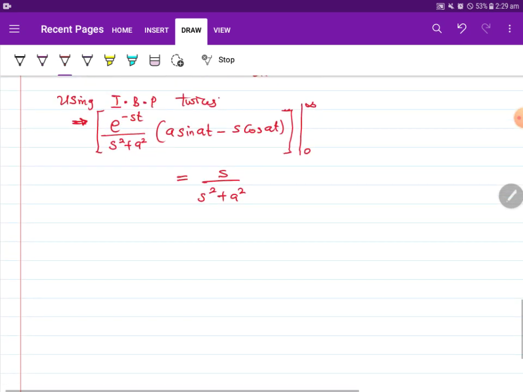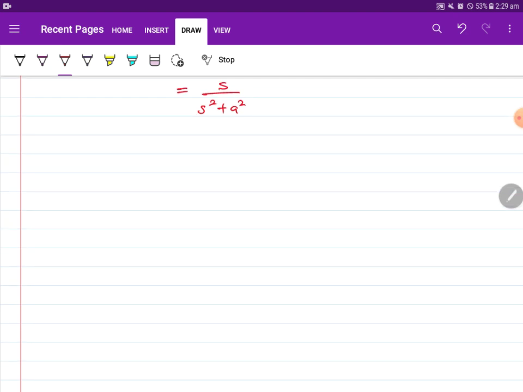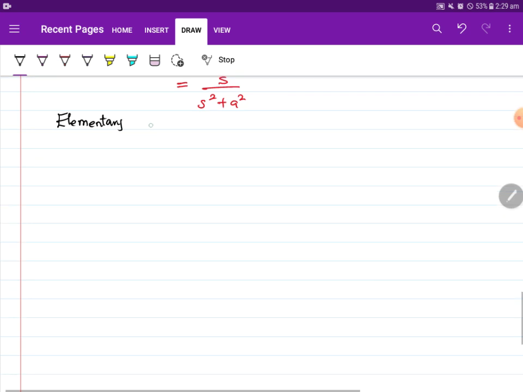But before moving into the next topic, there are some elementary standard Laplace transforms, just something like standard techniques.